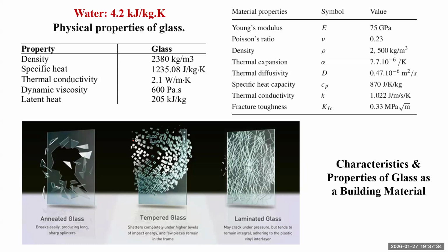The specific heat is 1235 joules per kilogram per Kelvin. It's not that high. There are also other material properties, including thermal expansion, thermal diffusivity, and thermal conductivity. It's not conductive, but it's okay.